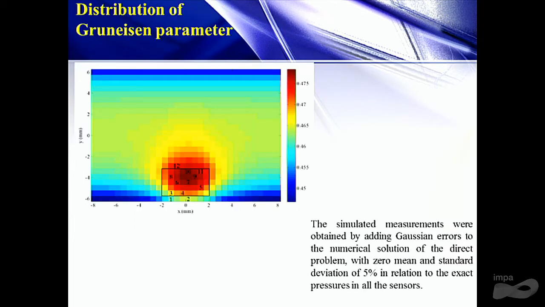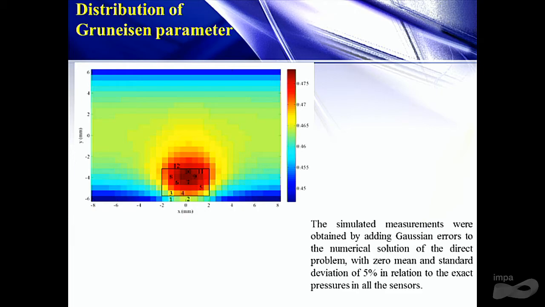We used the solution of the exact problem to generate numerical measurements, adding Gaussian error with 0 mean and standard deviation of 5% relative to the exact pressure in all sensors.